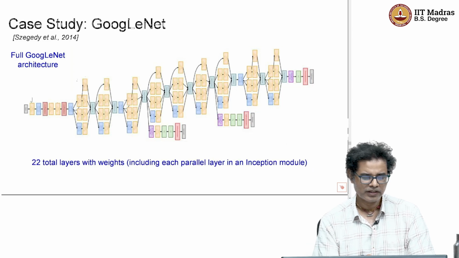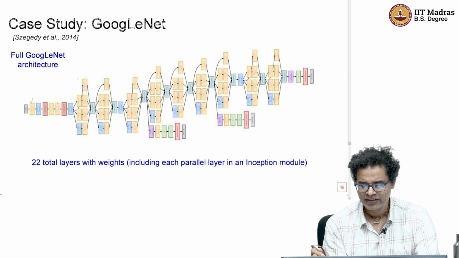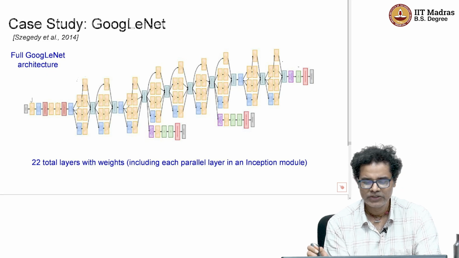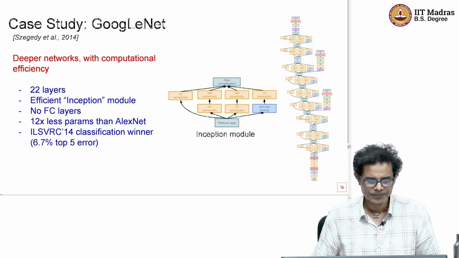So each inception layer contributes 2 layers, and there are 9 such inception layers. It makes it 18, and then 19, 20, 21, and there is the fully connected layer, 22. So it's a 22 layer network.